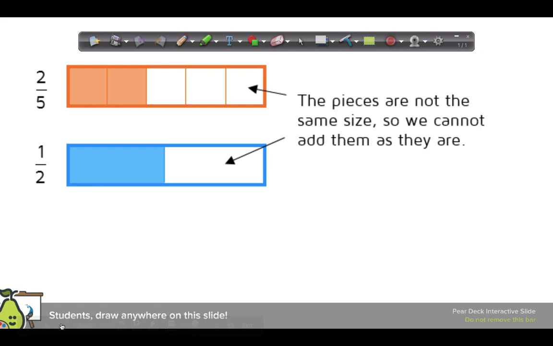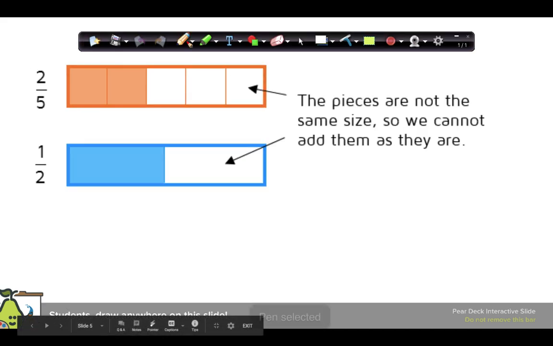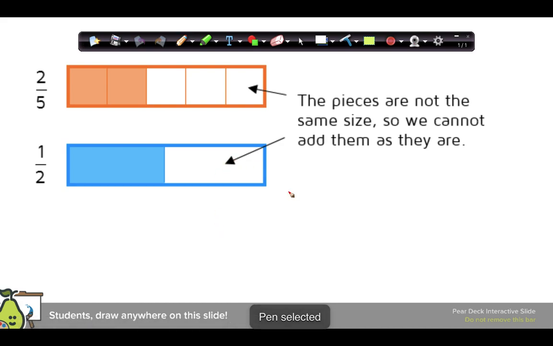Okay, here's the main message from class. What do we do when the sizes are different? So here is what we did. Last week we talked about the least common multiple. We need to find a denominator that can work for both fifths and halves, and it doesn't look real obvious from the picture. So we're going to find the least common multiple of 2 and 5.